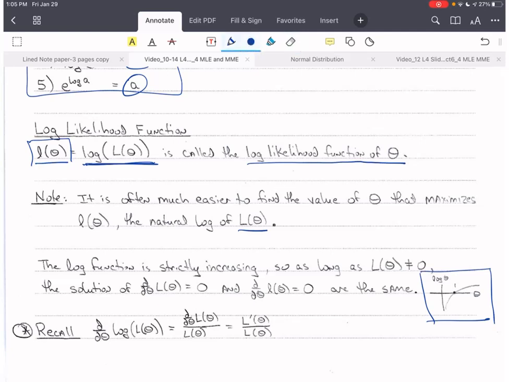And when theta is less than 1, log is negative. And when theta is greater than 1, log is positive. It's strictly increasing.